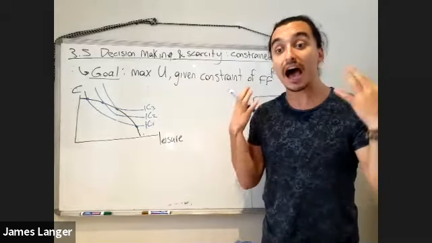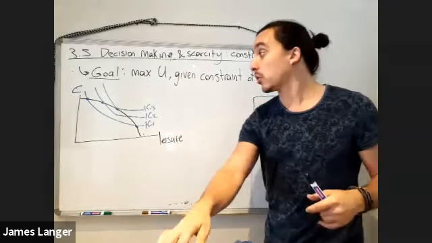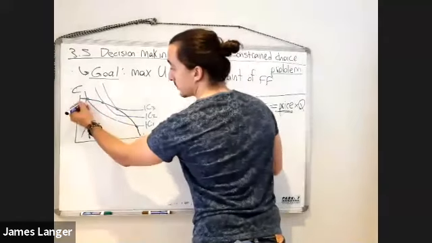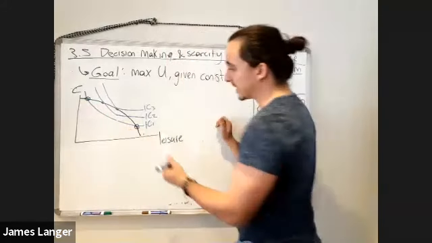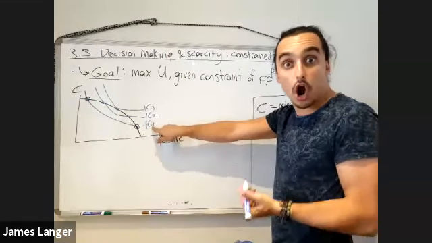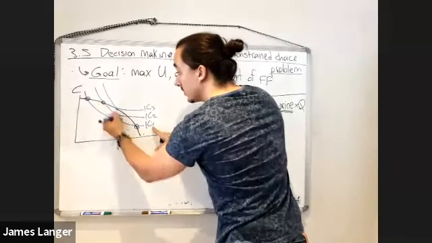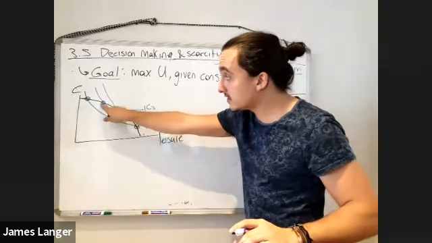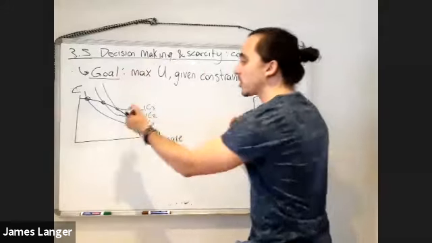We want to be on the highest indifference curve, right? So what I do is I simply say, cool, I could sit here or here, but then I'm on IC1. And there are options where I could be on IC2. But wait, if it touches twice, it means that there are even better options.